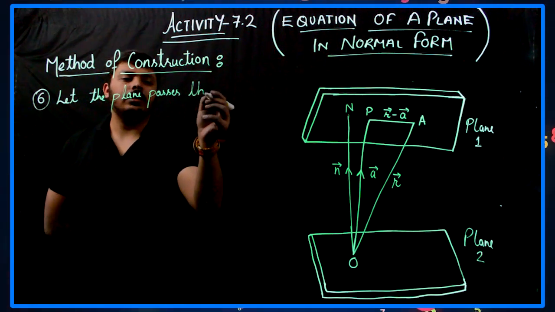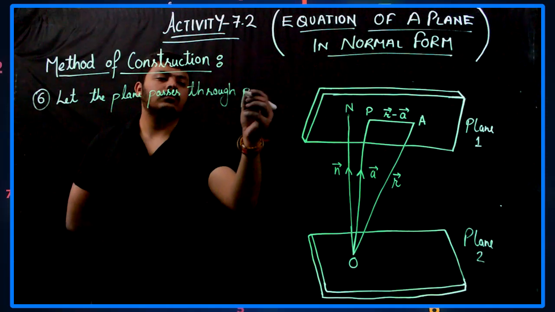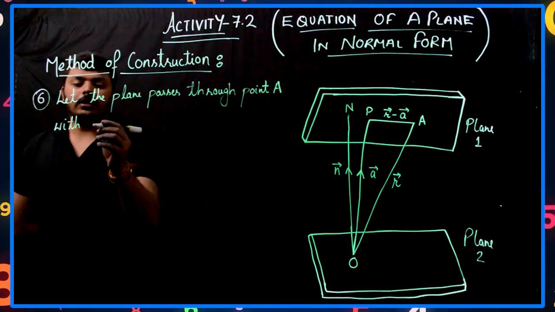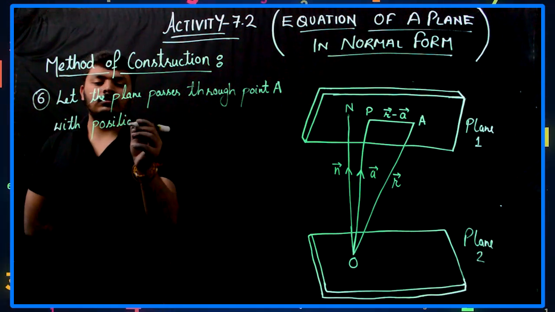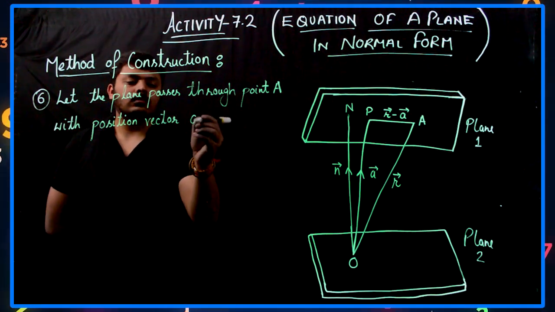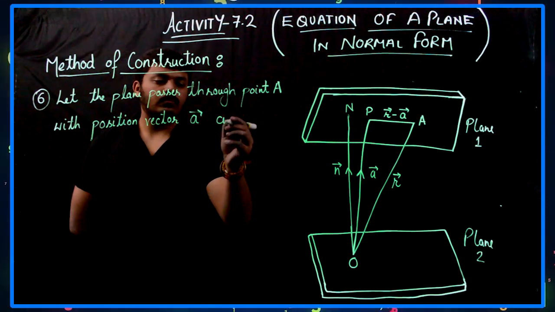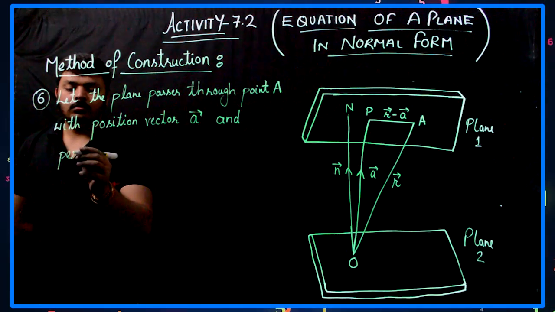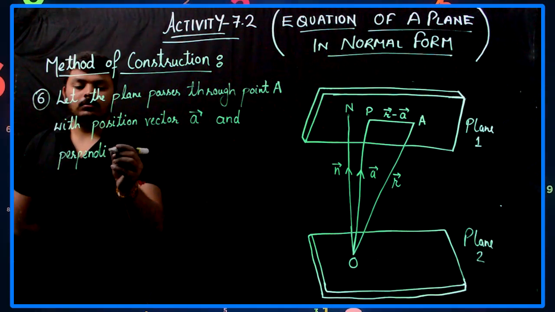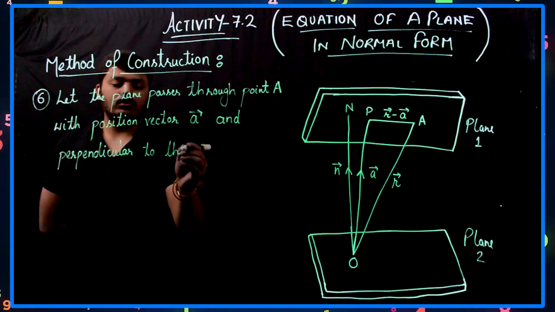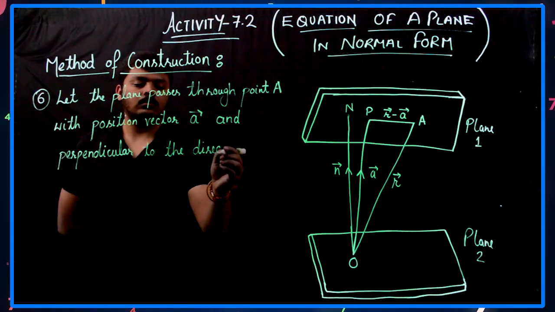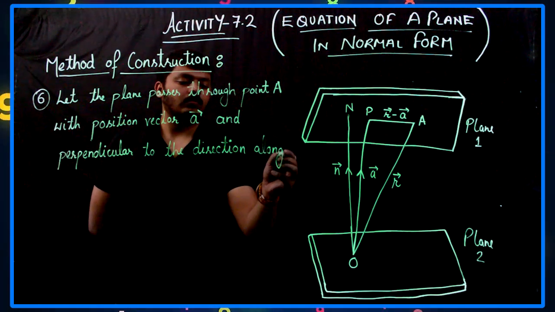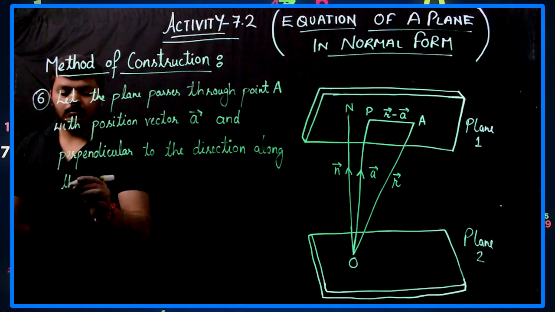So our 6th step is, let the plane pass through point A with position vector A and perpendicular to the direction along the vector n.